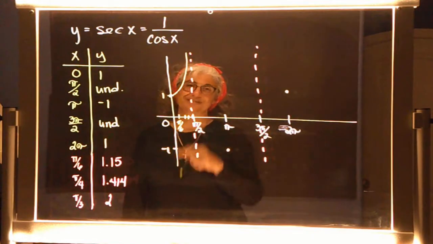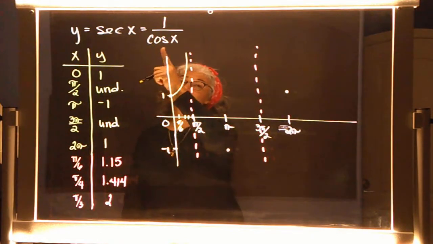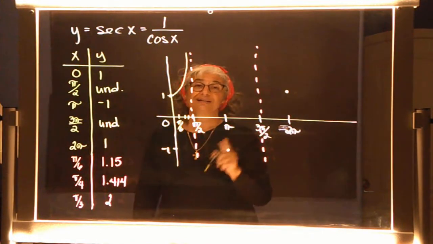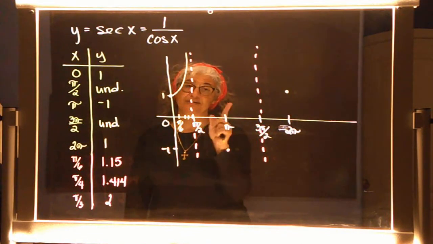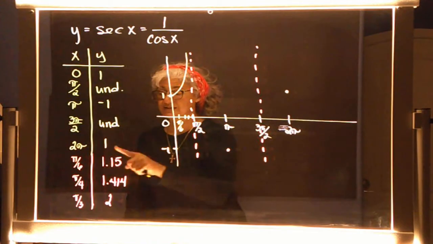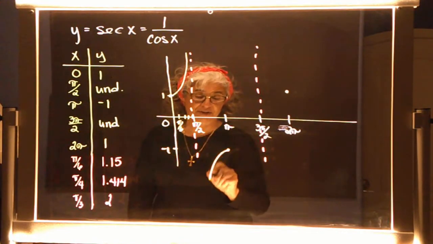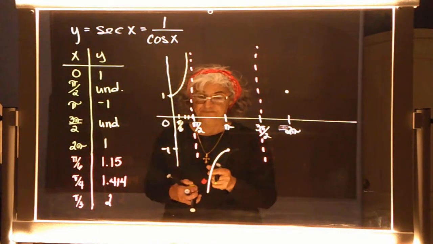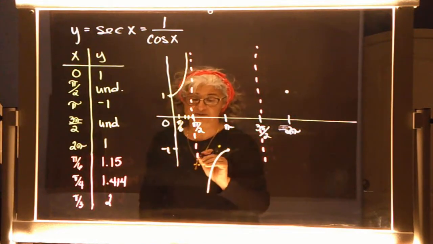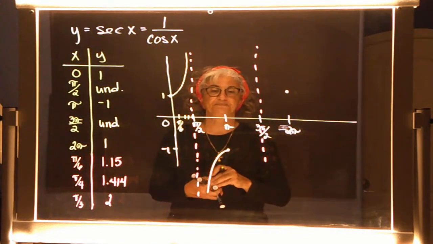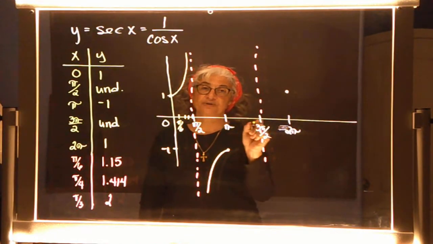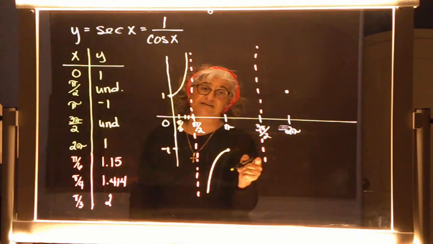Quadrant 2, your cosine's actually negative, because remember, you're finding cosine and then reciprocating it. It's negative. So my answers in quadrant 2, or the second interval, are going to be negative answers. It's still going to be these three, but they're going to be negative answers, because we're talking the cosine function. And in quadrant 3, cosine is also negative, isn't it?